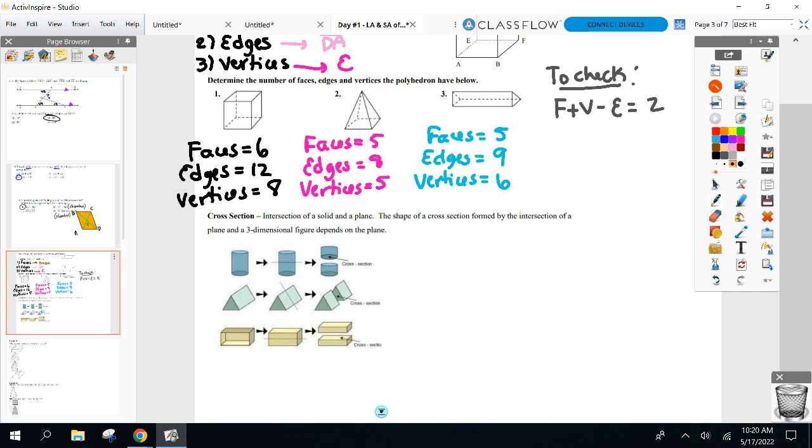Let's say I make a horizontal cut right through, and I hold up that cut. What shape is staring you in the face? No, not a cylinder. What's your two-dimensional shape? It's a circle, right? So that's called a cross section of this cylinder.